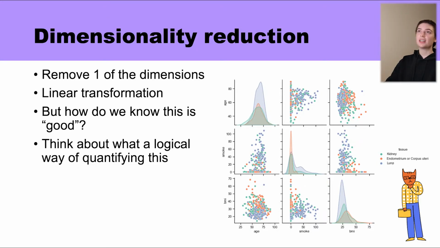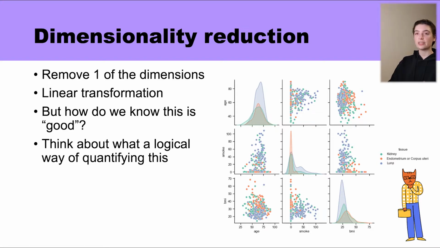So dimensionality reduction, how can we actually do this? How can we transform something from 3D to 2D? The most basic way, we can drop one dimension, but then we obviously lose lots of information. We could do a linear transformation, but how do we quantify this? And we could do nonlinear transformations as well. So the first thing to think about is, how do we quantify that a transformation is good?